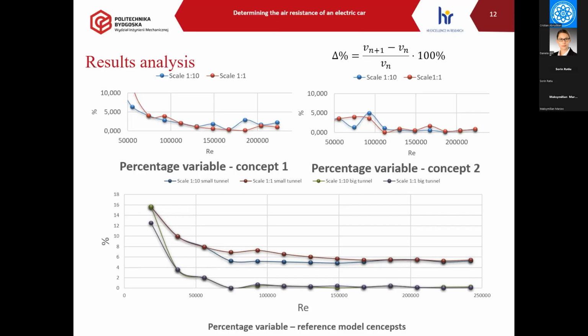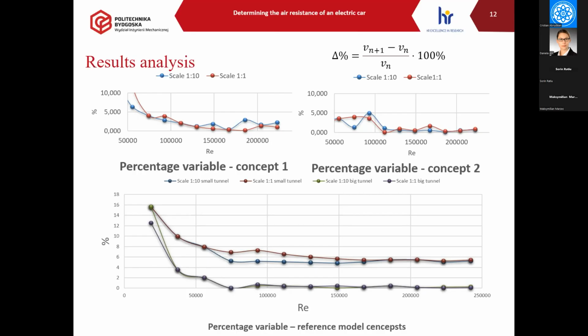Analyzing the data obtained from the performed analysis, the following conclusions emerge. For both concepts, the 1-to-1 and scale models, the results obtained were reproducible. The ratio of the drag coefficient for scale 1-to-1 to scale 1-to-10 for concept 1 was about 7% and for concept 2 about 5%.